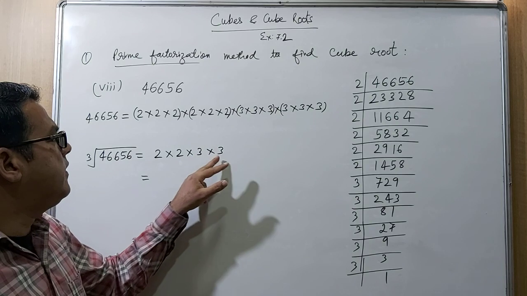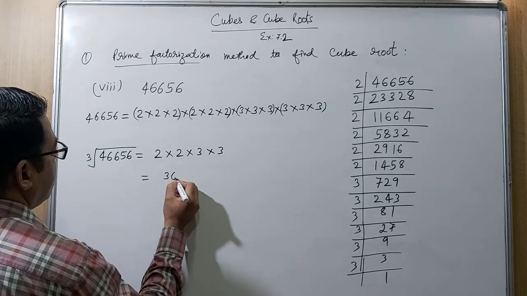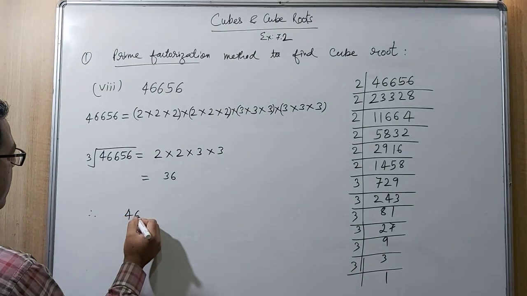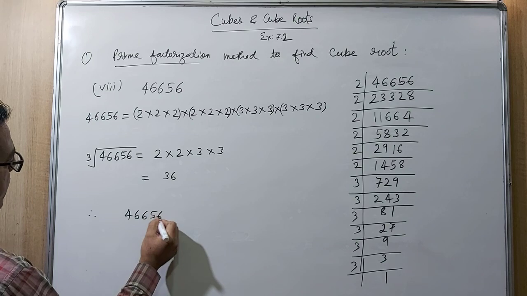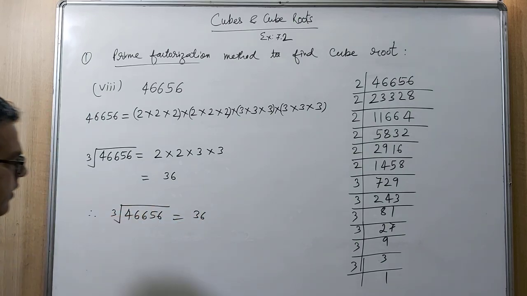And this is 3 3s are 9. So 9 into 4 is 36. So we can say that the cube root of 46,656 is 36. Hope you understand now.